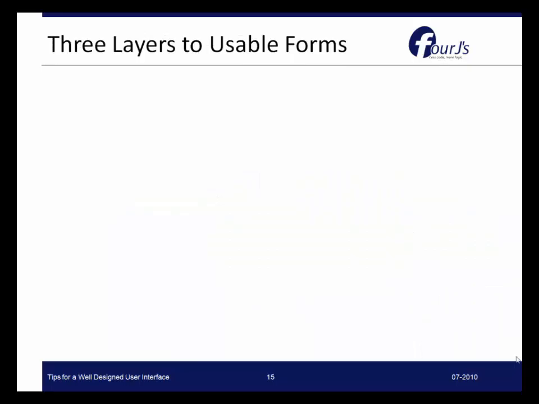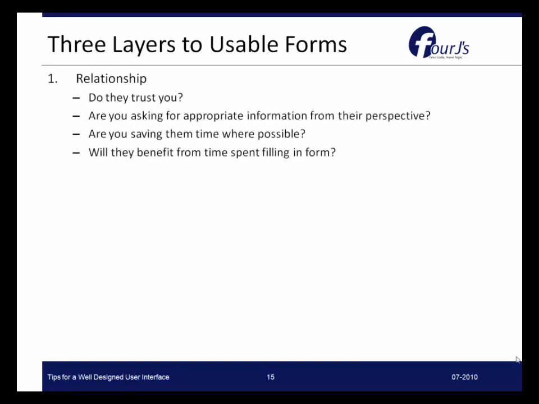Now, there's 3 layers to usable forms that I want to talk about, because creating forms can be such a big part of the user interface, especially when writing Genero programs. The first layer, when thinking about creating a very usable form, is the relationship.